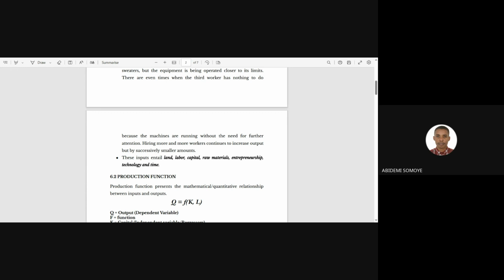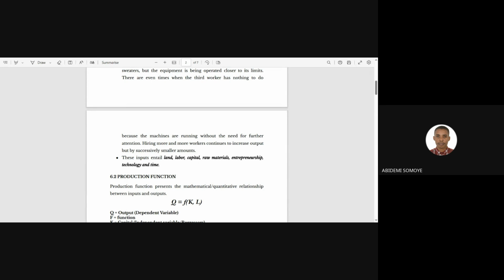No, so in the long run, all factors of production vary. In the short run, one is fixed and one varies. In the long run, all factors of production vary, meaning that both capital and labor can be changed at any time.